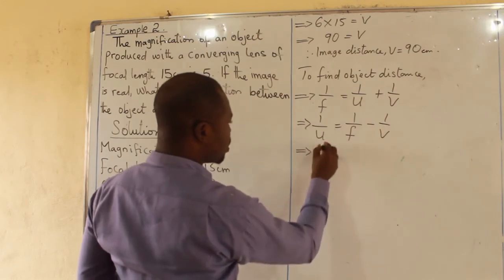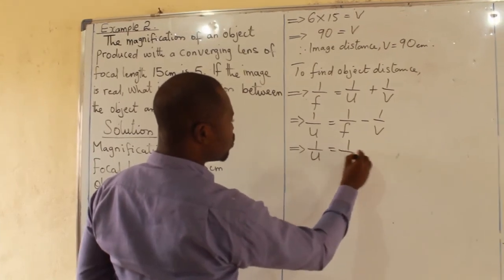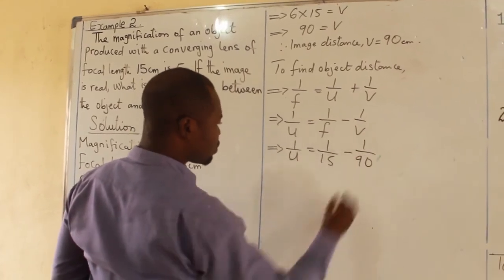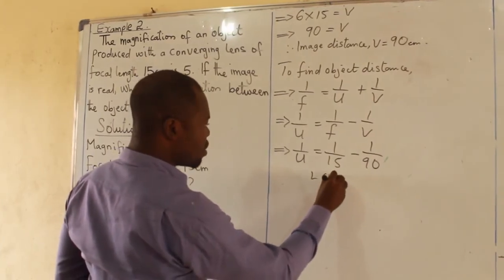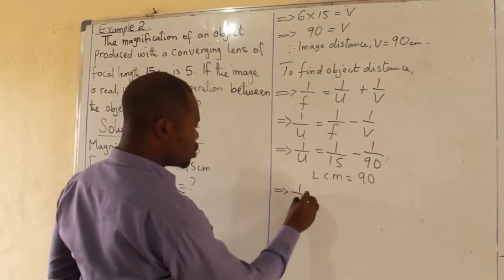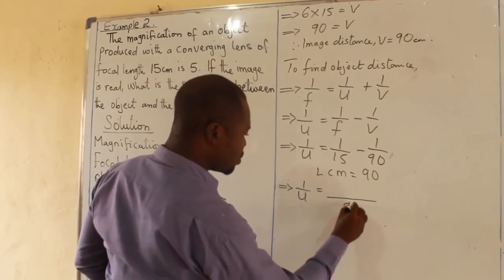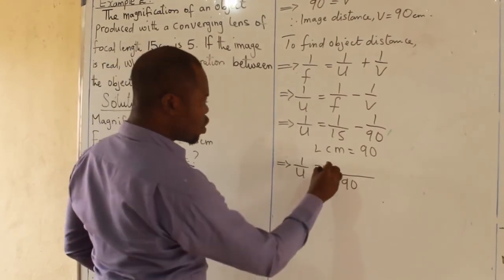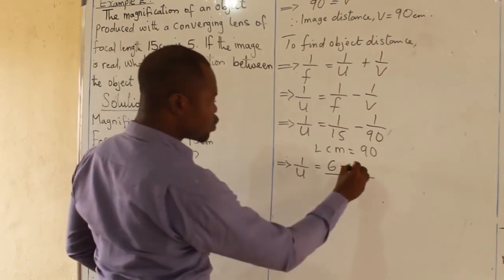Let's substitute. 1 over u equals 1 over 15 minus 1 over 90. Find the LCM here. LCM equals 90. So 1 over u equals, then you have your LCM 90. 15 in 90, that's 6. 6 times 1, that's 6, minus 90 in 90, 1. 1 times 1, 1.